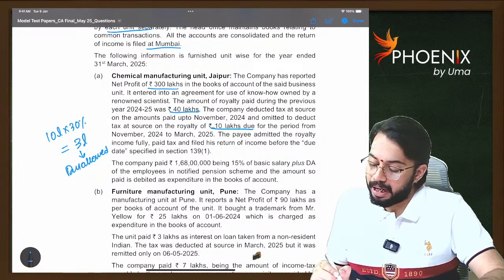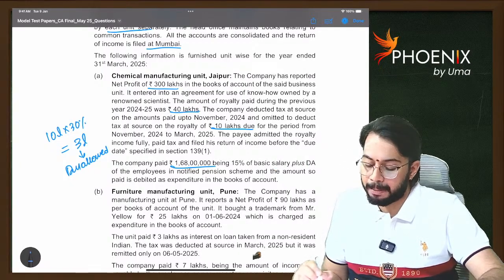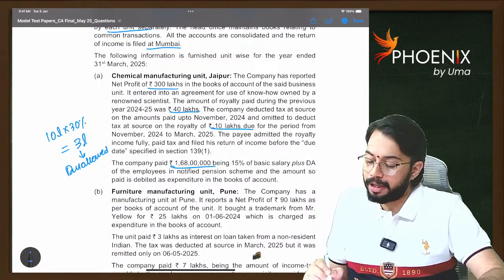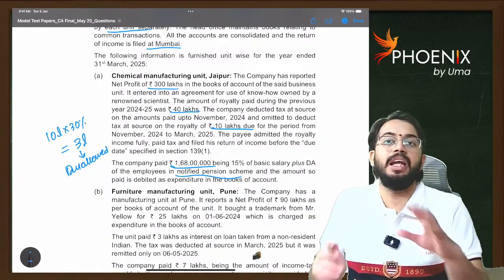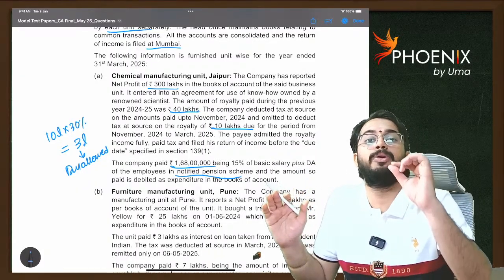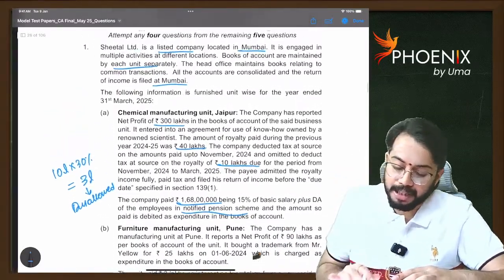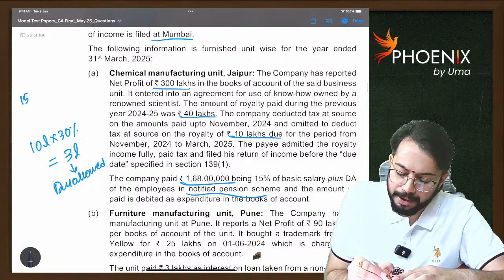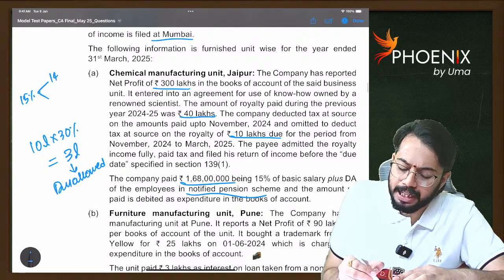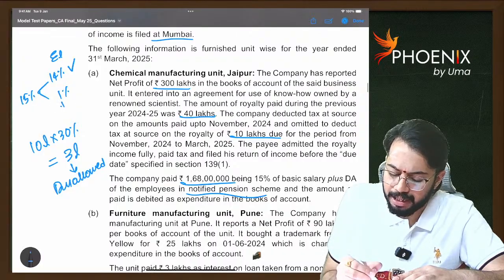The company paid 1 crore 68 lakhs being 15% of basic salary plus DA to employees in notified pension scheme. See, employer contribution to notified pension scheme is allowed only up to 14%. Here how much was paid? 15% was paid. Out of 15%, 14% is allowed as deduction to employer. 1% is to be disallowed.